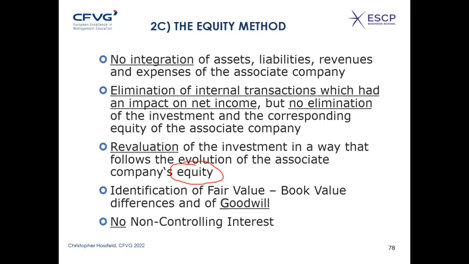Obviously, we can increase equity by issuing new shares, for example. Or I can decrease equity by deleting shares, canceling shares. That's also possible. So one possibility of increasing or decreasing equity is to increase or decrease the number of shares.